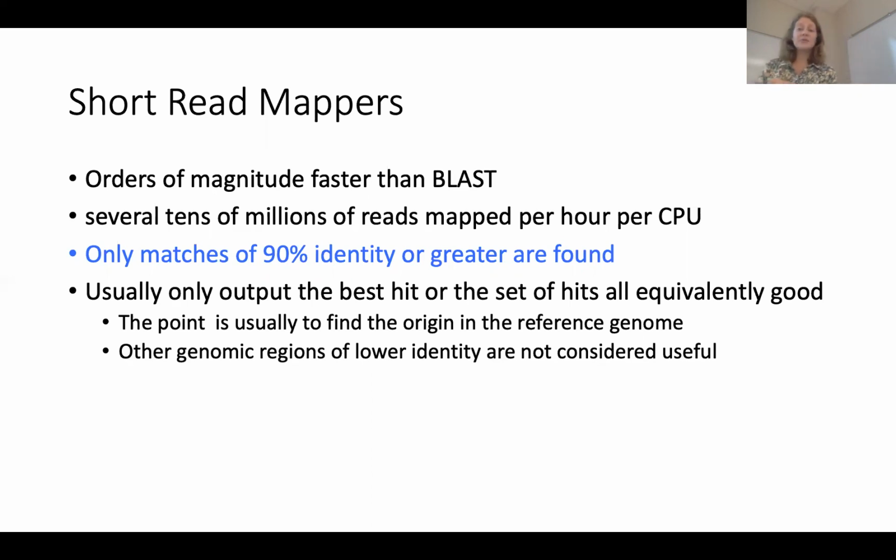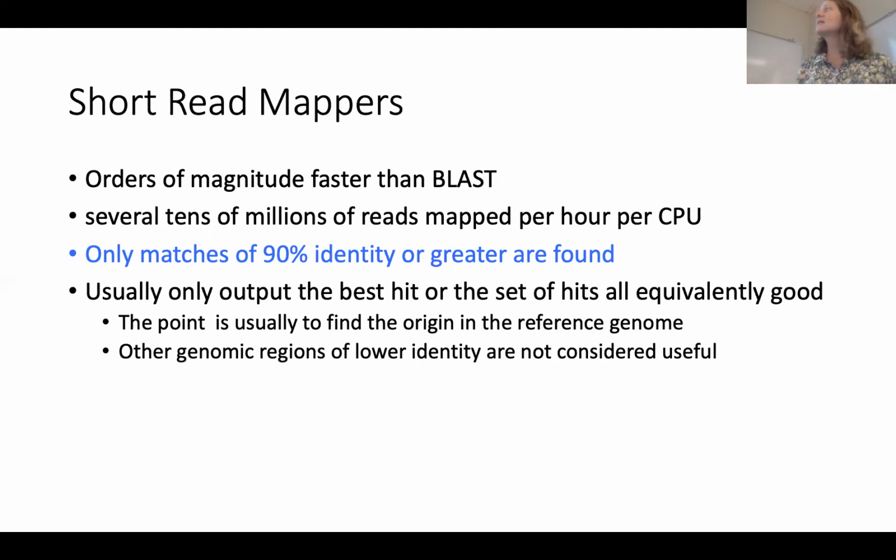Also, differently from BLAST, when we ran BLAST, it gave us many, many matches, starting from the best match, then the next best, all the way down to things that didn't look particularly biologically significant. Short read mappers are not designed to do that. By default they're only going to output the best hit they can find, or the set of all hits that are equivalently good. So if the read maps to 4 or 5 locations in the genome and they all score equally well, you're potentially going to get all of them back.